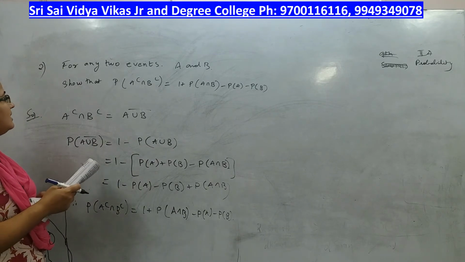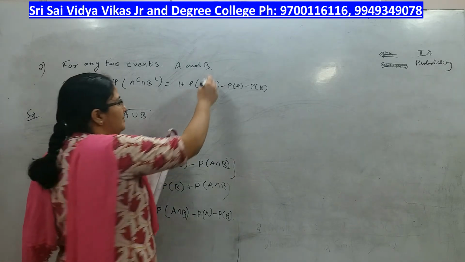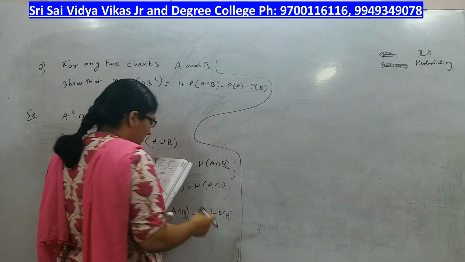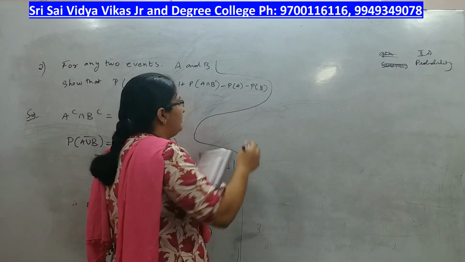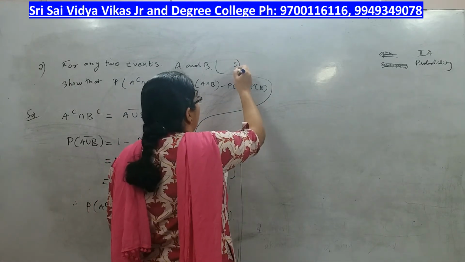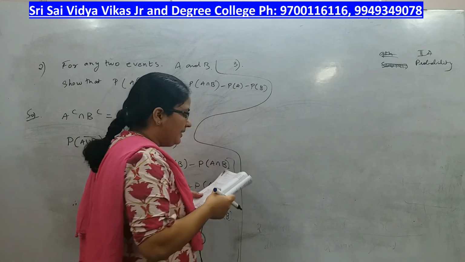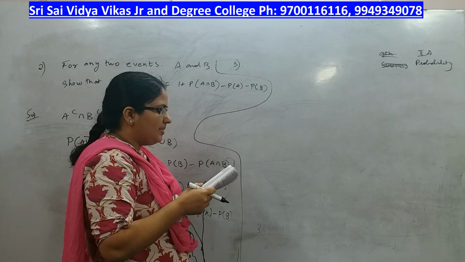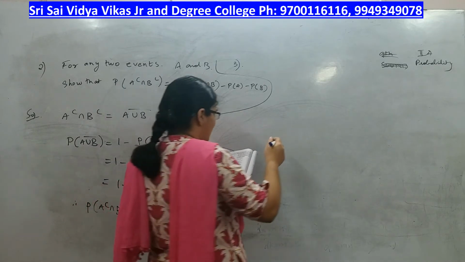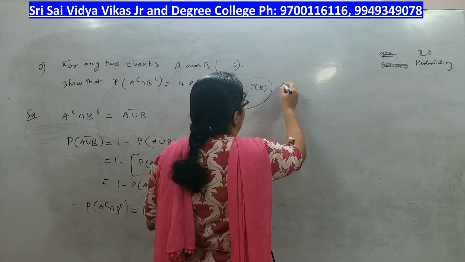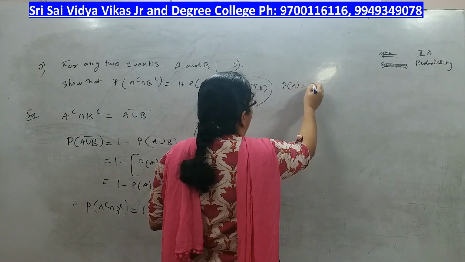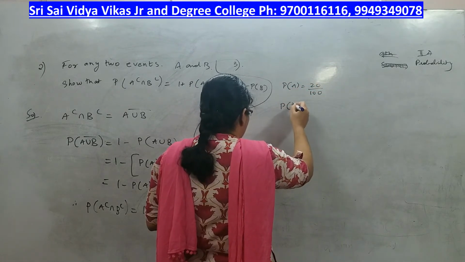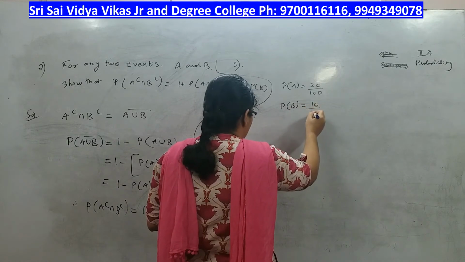Let us discuss the next problem. Third problem for today. If A, B, C are three newspapers from a city, 20% of the population read A. P of A is equal to 20 by 100. P of B is equal to 16 by 100.